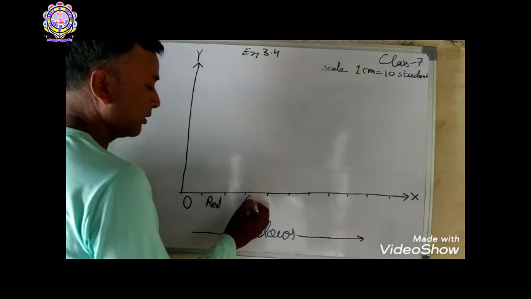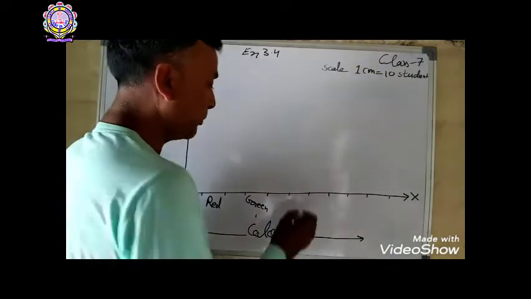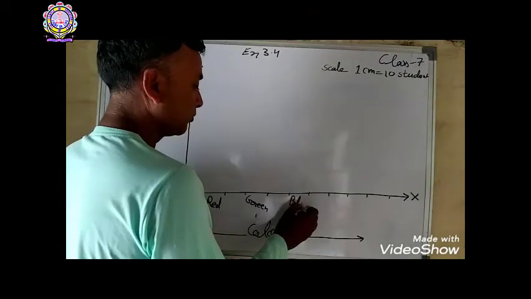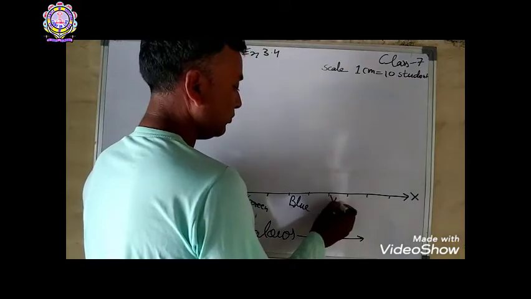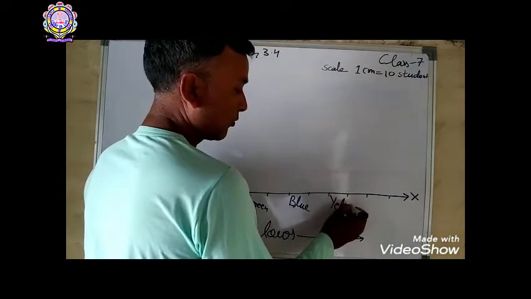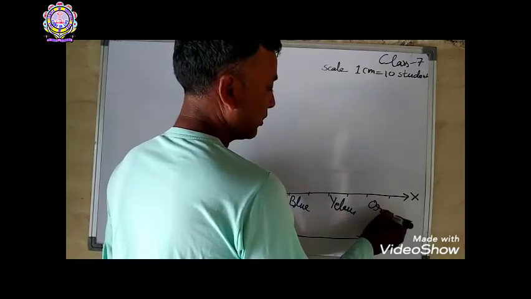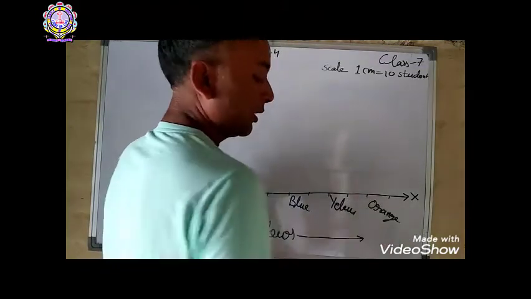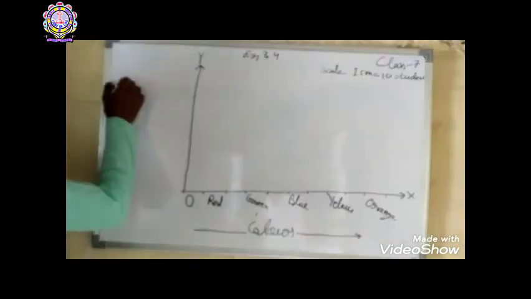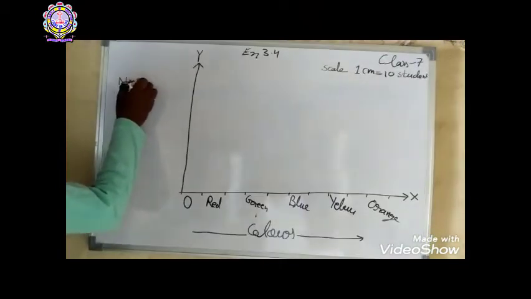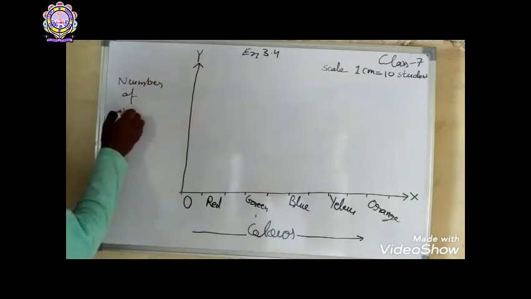Again leave one and write blue. Again leave one and write yellow. Again leave one and write orange. These are the colors' names. And on the x-axis, the number of students.